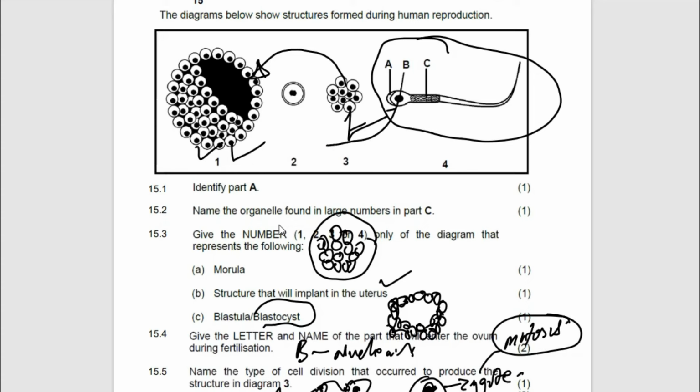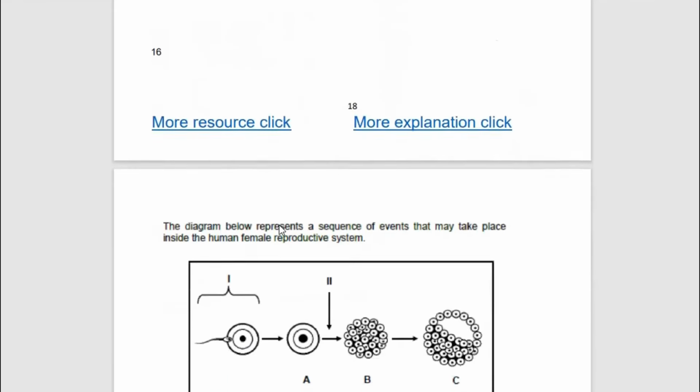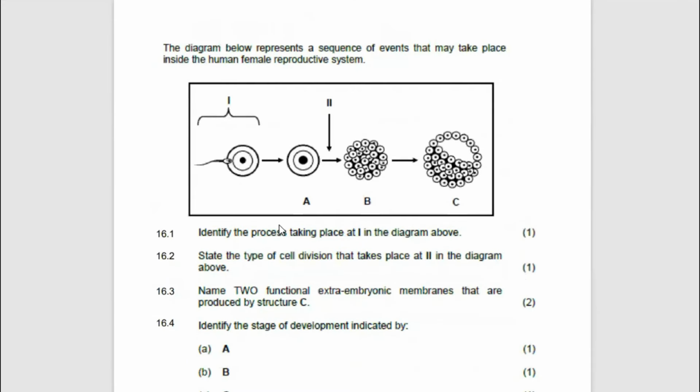Basically, this is 1, this is 2, this is 3, and then it's 4. Then the process I was trying to explain is here. The diagram probably represents a sequence of events that may take place inside the human female reproductive system.